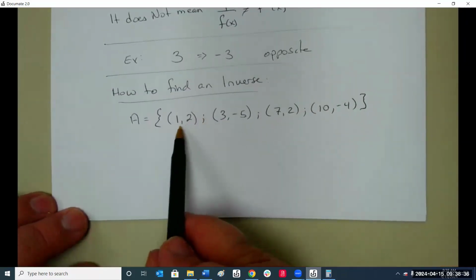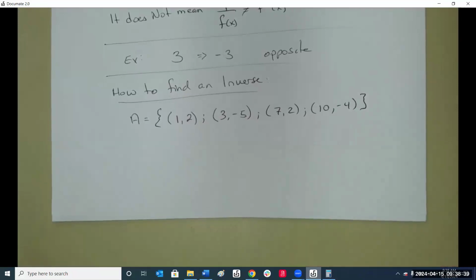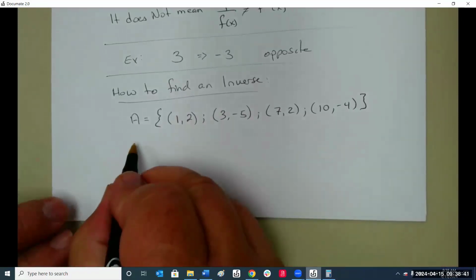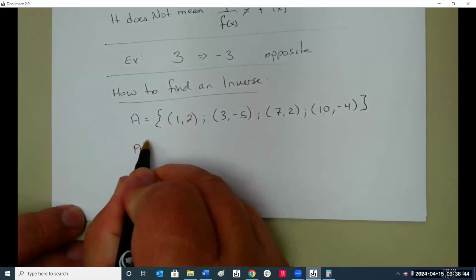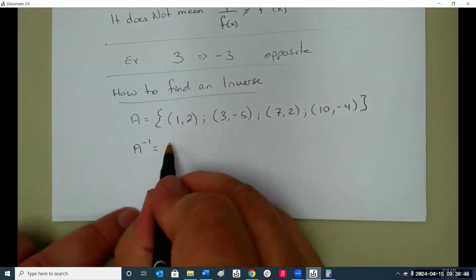This is set A, and these are the 4 points that make up set A. The inverse of set A looks like this.